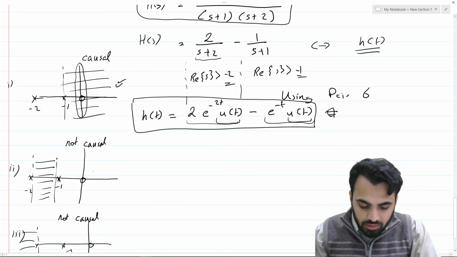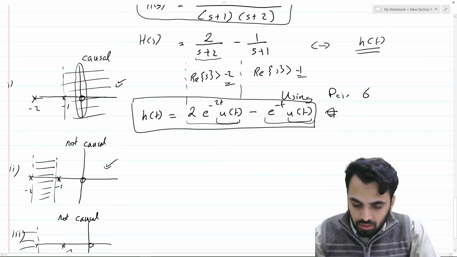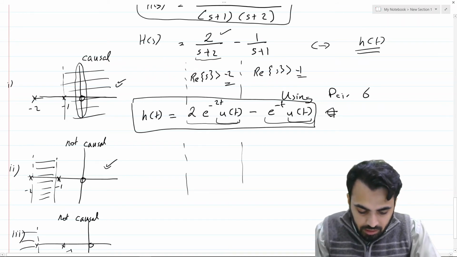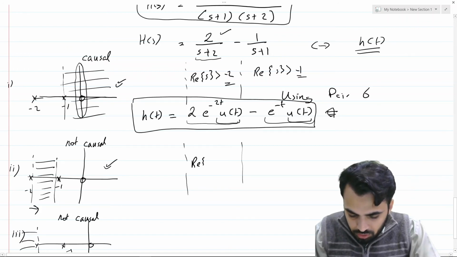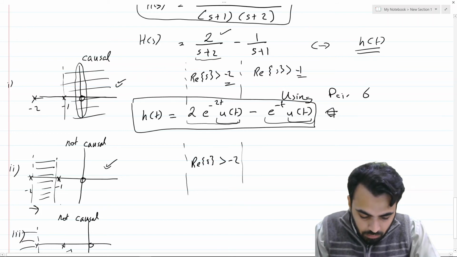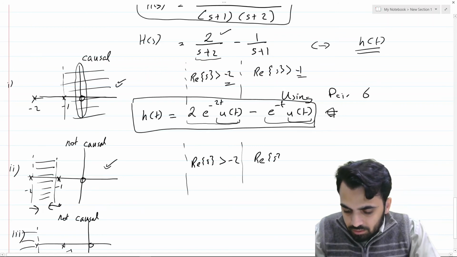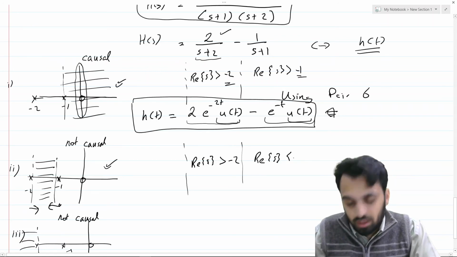Now let us move towards the second case, which is over here. In this case, this is indicating that the real part of s is greater than minus 2. So again this is not changing, but at the same time over here the real part of s is less than minus 1.